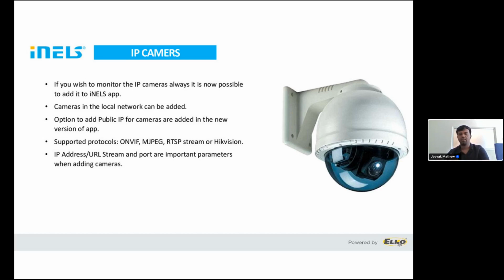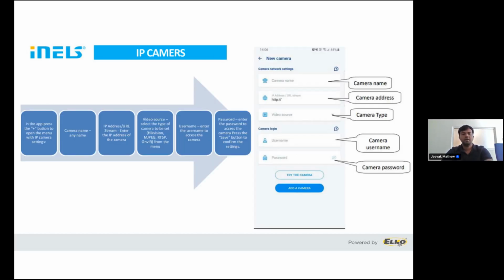I will go into a little more detail and show what parameters you need to know while adding these cameras. In this slide, you can see the screen as it shows when you open the settings in the application.